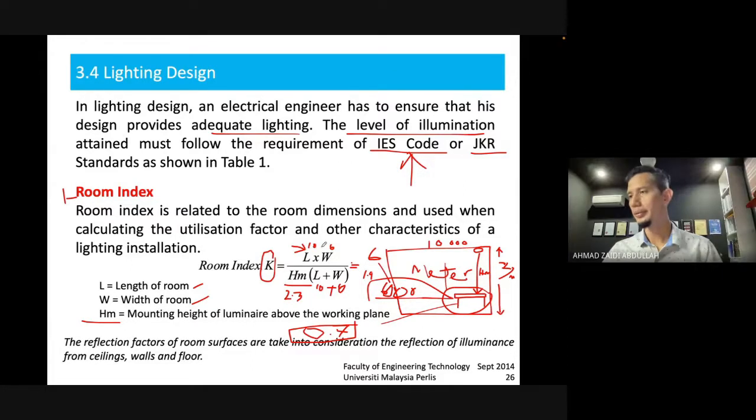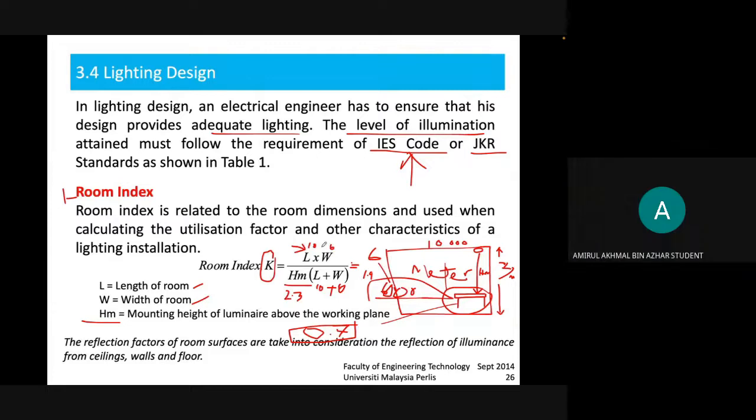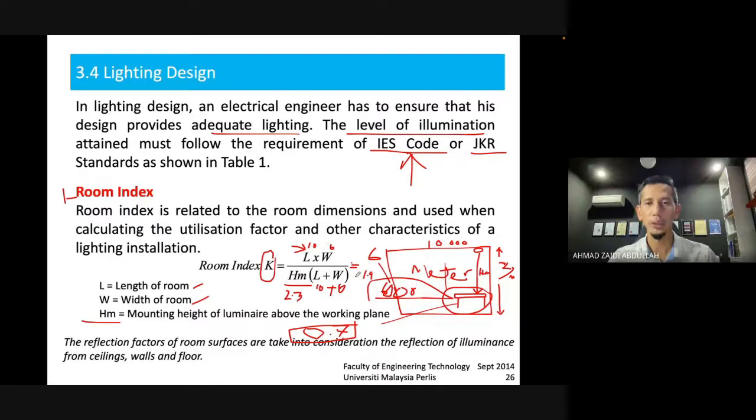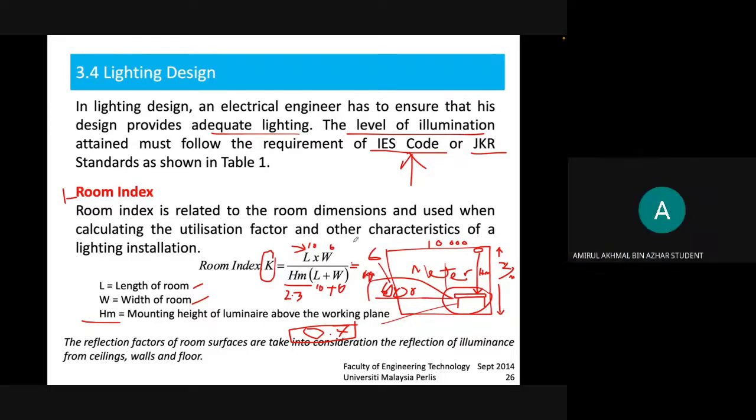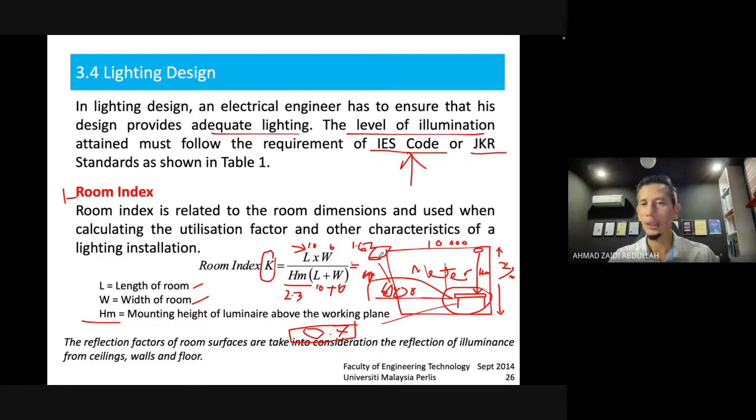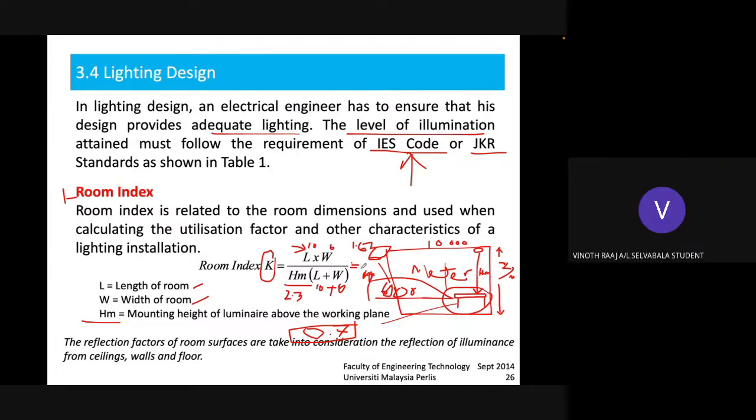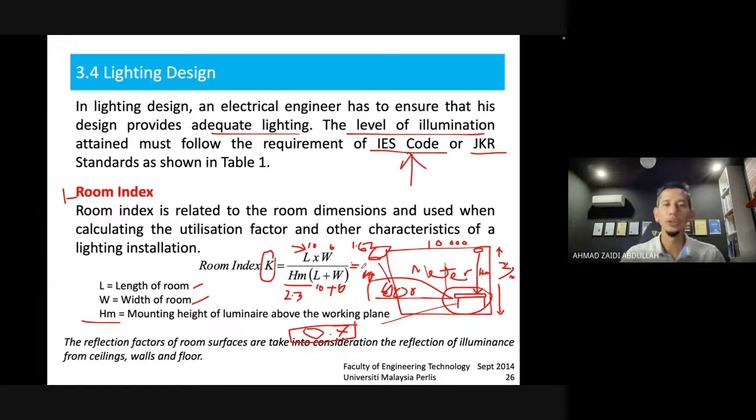How much did you get? 1.63, sir. 1.63. Agree? All class got the same answer. Yes, sir. Okay, good. So this is the example on how to determine the room index.